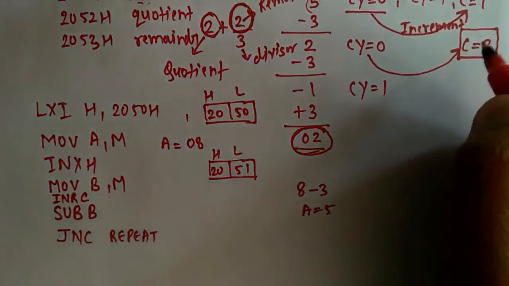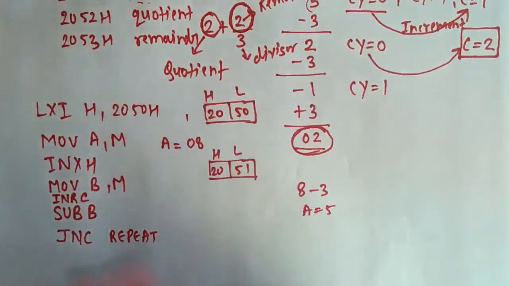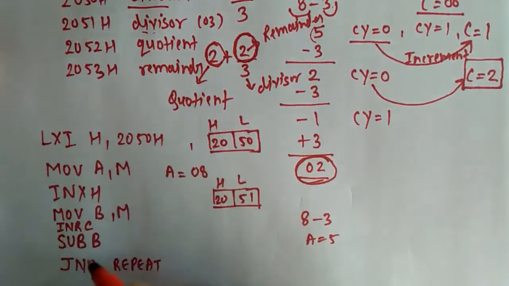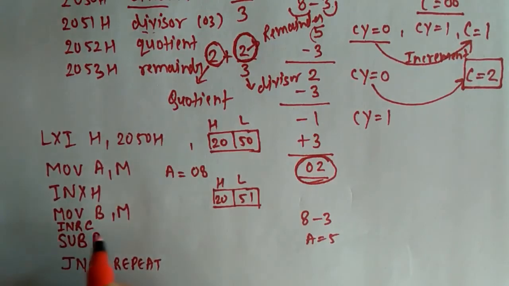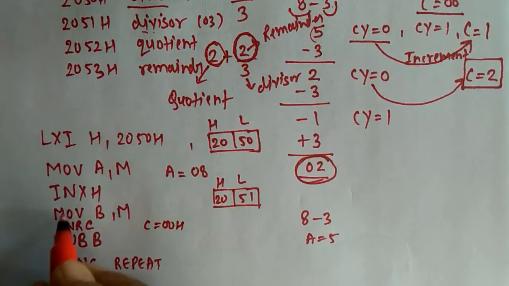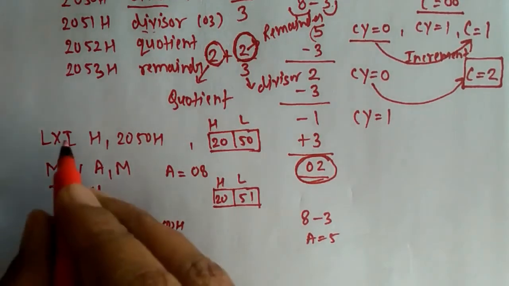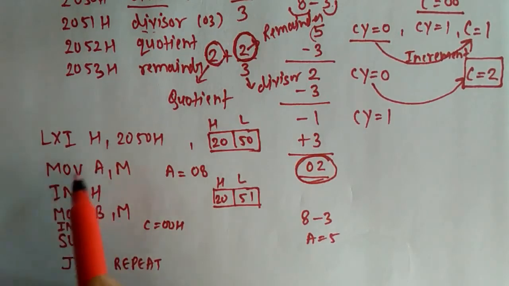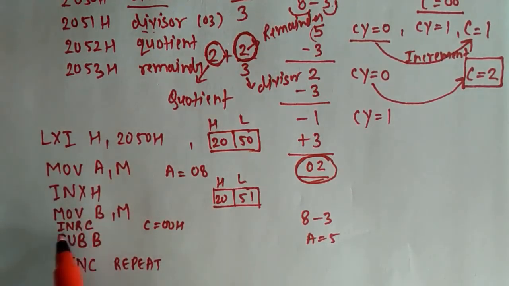INR C. INR C means we are going to increase the value, and when first time this program will be running, at that time the content of C must be 0 here. That means first of all this instruction will run, then this instruction will run, then here this instruction will run.